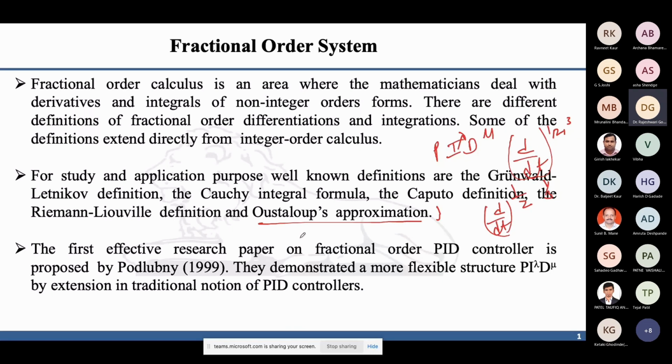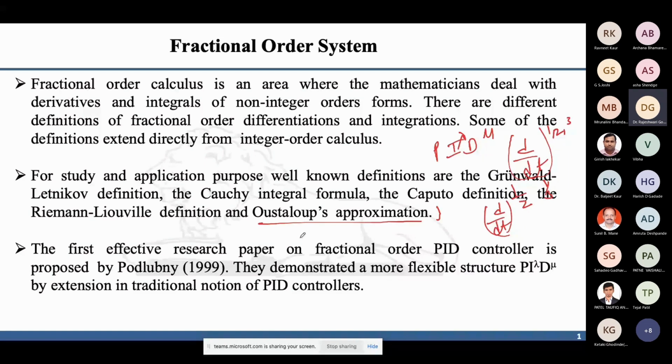So before going to discuss the fuzzy controller, because I used fractional order in these fuzzy applications, this is a new research area for researchers. Most control engineers have started working in this area. When I started, very few were working, but right now a lot of people are working where we talk about the fractional thing.